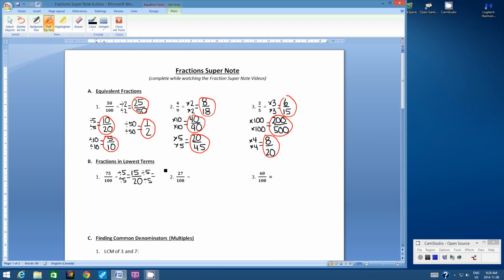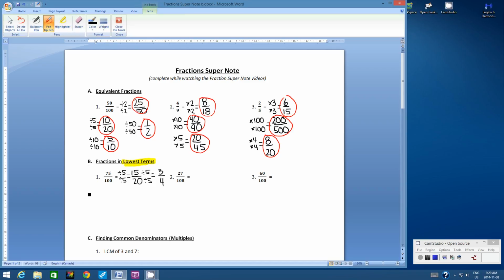So I'd like you to work out the new fraction. 15 divided by 5 is 3. 20 divided by 5 is 4. We have to ask ourselves, is there any number that can divide evenly into the top and the bottom other than 1? And the answer is no. And if the answer is no, then that means this is the fraction in its lowest terms. Okay, I'm just going to highlight this here, lowest terms.